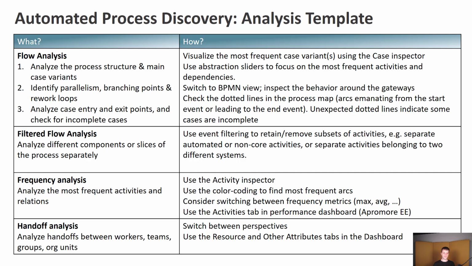Because resources can form a bottleneck of their own. For example, if one team in your process is heavily overloaded, then this can have significant consequences to the overall control flow and performance of the process.